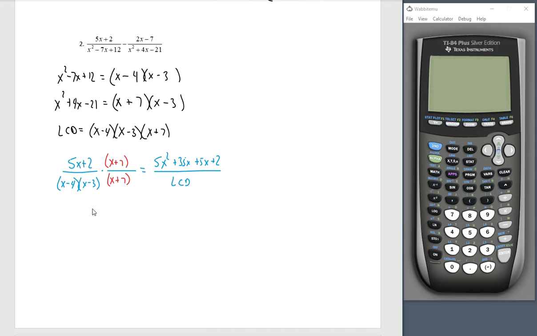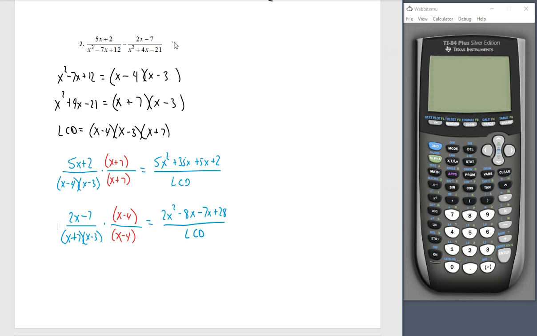Our second one is 2x minus 7 over x plus 7 times x minus 3. What do I multiply to get the LCD? Looks like I need the x minus 4. And we'll have 2x squared minus 8x minus 7x plus 28 all over the LCD.